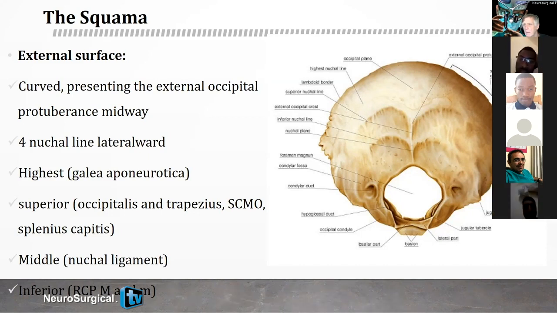The inferior nuchal line gives insertion to two major muscles, which are the rectus capitis posterior major and minor. All these muscles permit the movements of the neck in all its axes.